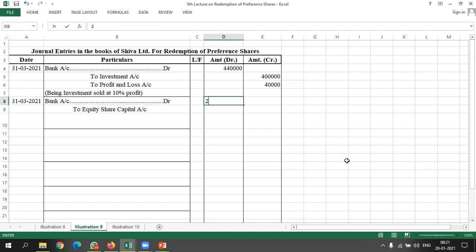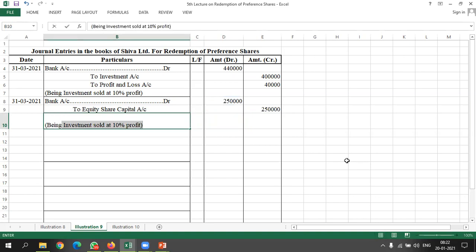Amount is 25,000 multiplied by 10, so 2,50,000. यहाँ पे हम लिखेंगे being 25,000 equity shares of rupees 10 each issued at par.